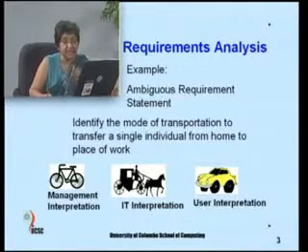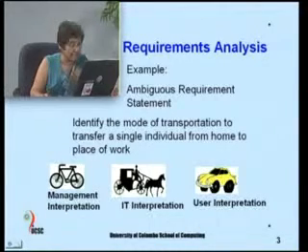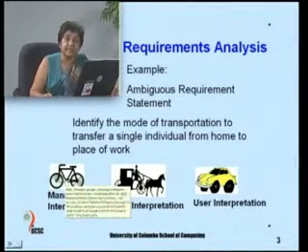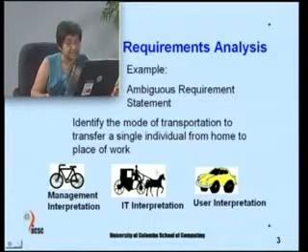What the user had in mind was this car. He thought, yes, what I want is a car. What the management really wanted to give him was only a bicycle. How did the IT people, the information technologists, interpret it? He thought this is a kind of thing that has to be provided. So, you can see the misunderstanding here.